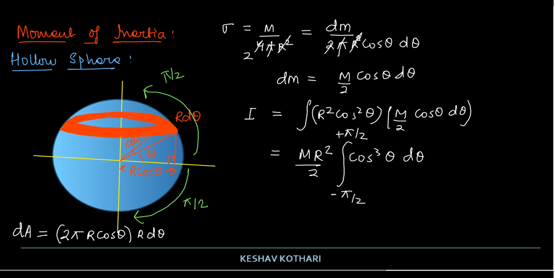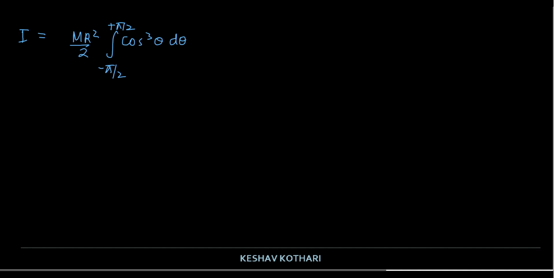Now in order to solve this integral, we are using a substitution, that is we are using this formula: cos 3 theta is going to be 4 times cos cube theta minus 3 cos theta. So from this expression I can substitute cos cube theta in terms of cos 3 theta and cos theta.